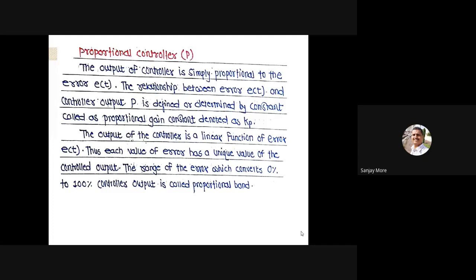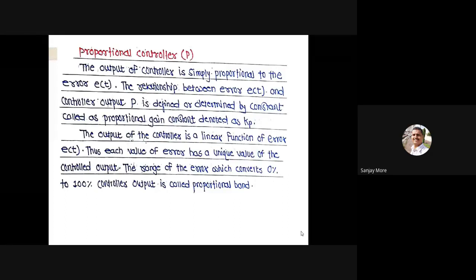So write down, in a proportional controller, the output of the controller is simply proportional to the error E of t. Full stop.